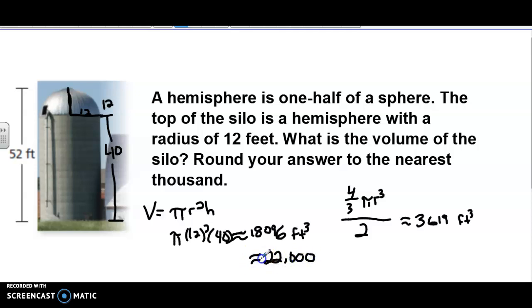So it's about 22,000 cubic feet. This is what I actually got. Notice I rounded to the nearest thousand, which is here, so the 7 makes this into a 2. It doesn't say thousandth. The TH says thousand. So that's why I rounded to 22,000.